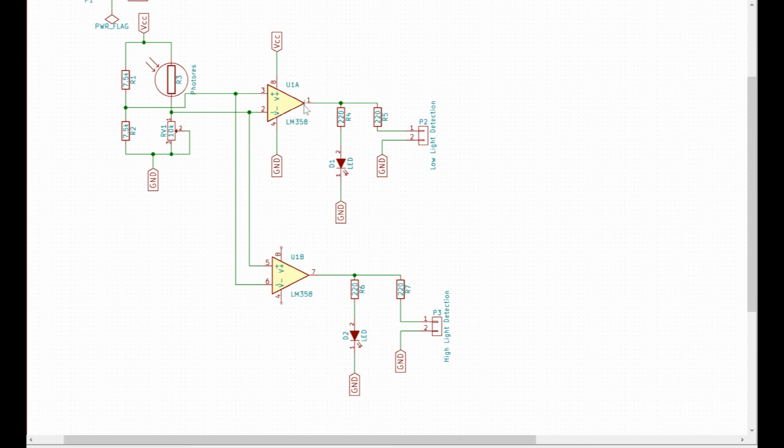So basically, if the output of the first operational amplifier is a logic high, the output of the second operational amplifier would be a logic low, because they are doing a comparison in reverse. That is why pin 7 of the operational amplifier IC gives us the high light detection, and pin 1 was giving us the low light detection.